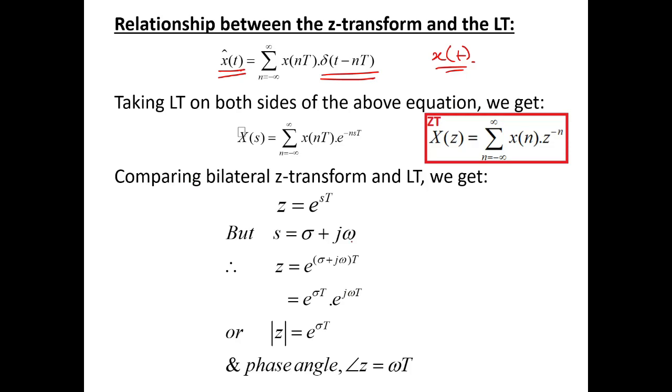If we take the Laplace transform at both ends, this equation converts into capital X(s), which is equal to the summation of n equals minus infinity to infinity x(nT) into e to the power minus nsT. A few moments back we saw that the Z transform is given by X(z) equals the summation of n equals minus infinity to infinity x(n) z to the power minus n.